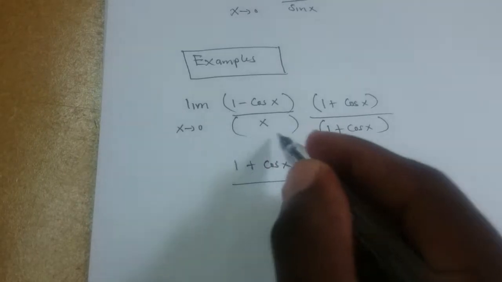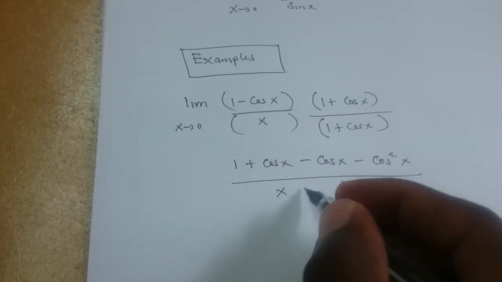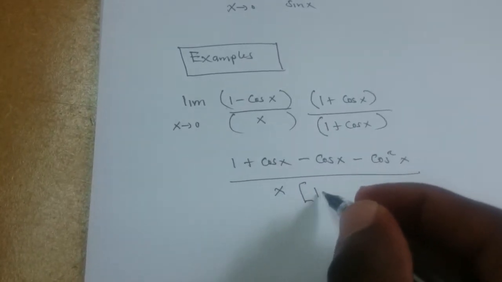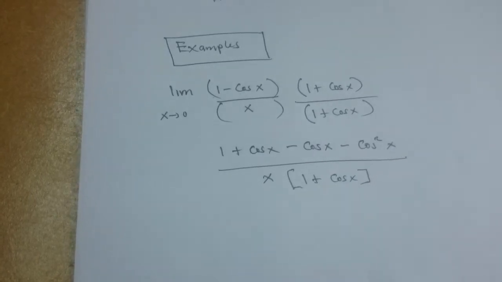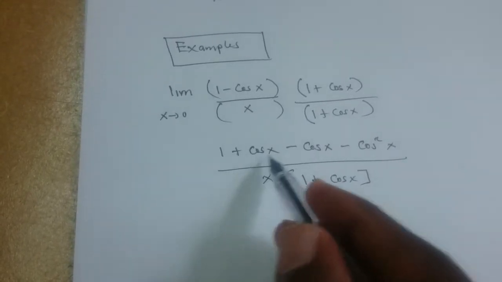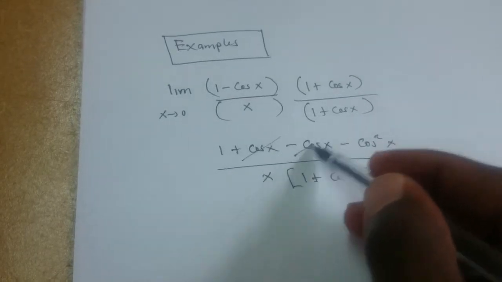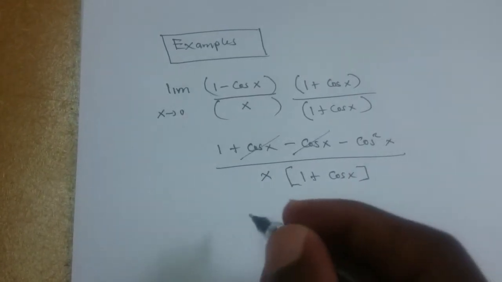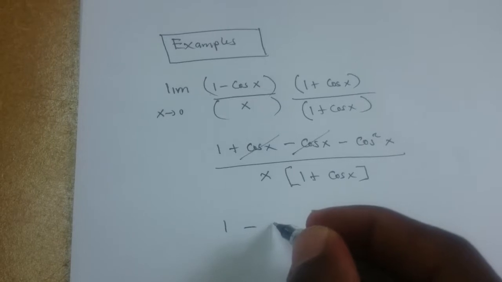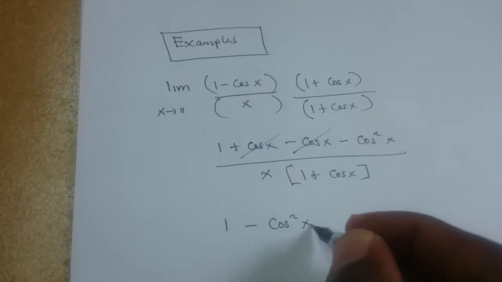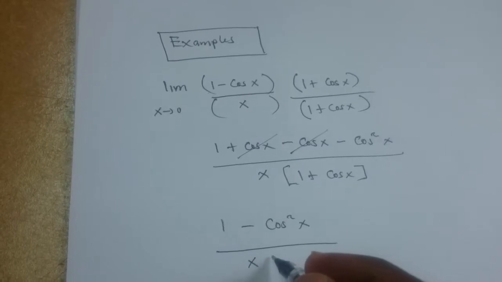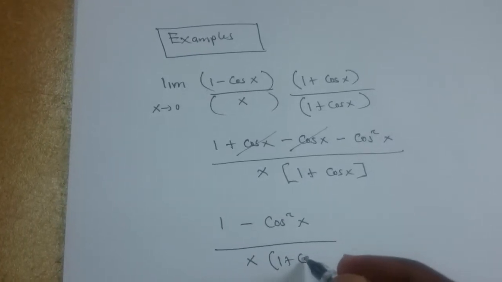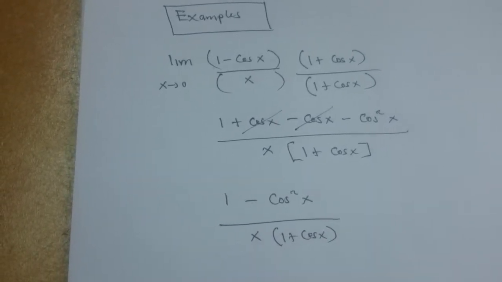Over here we don't do anything to the denominator, we just remain with x times 1 plus cos x. You can see that this is positive, this is negative, so they are going to cancel. We're going to remain with 1 minus cos squared x over x times 1 plus cos x.